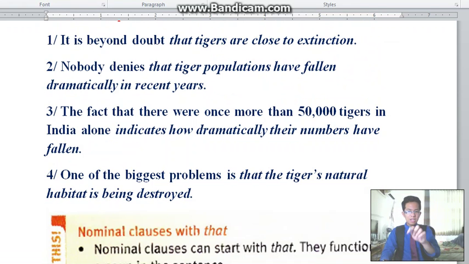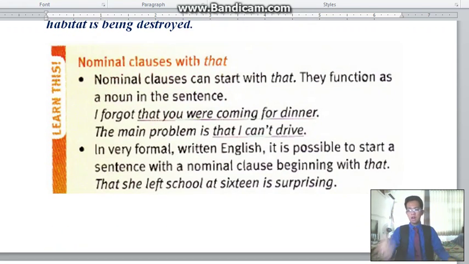It's the same as the sentences I have written down before. It is beyond doubt that tigers are close to extinction. So that right over there also functions as a noun. That tiger populations have fallen dramatically in recent years. So also that as a noun. You can see some more examples in the text. In very formal written English, it is possible to start the sentence with a nominal clause beginning with that.